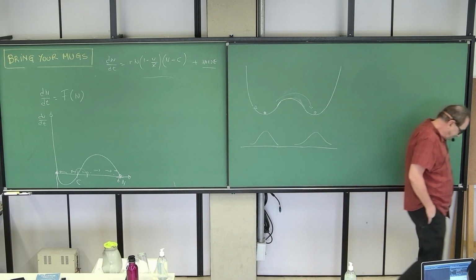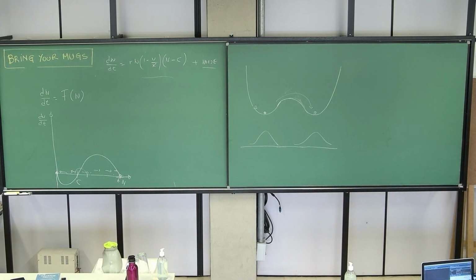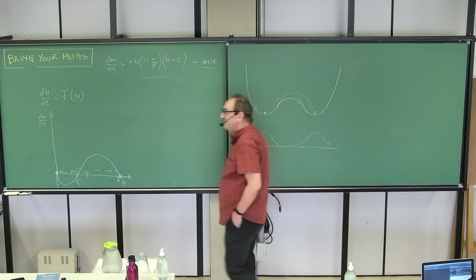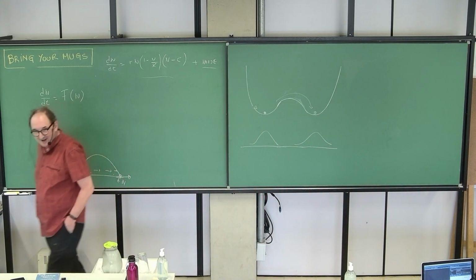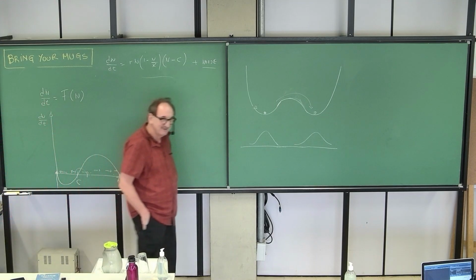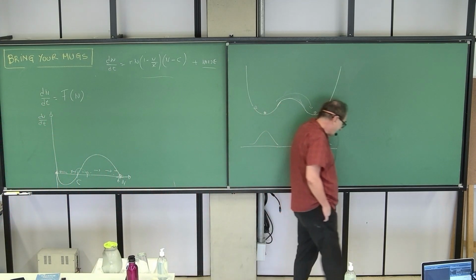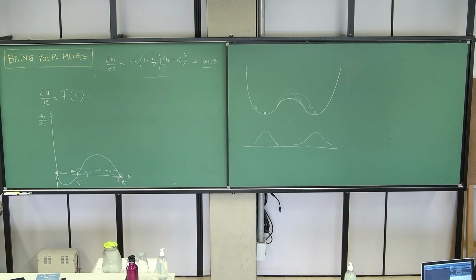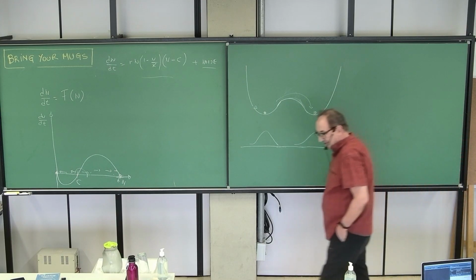Then it starts to rain again, but the level of the reservoir reacted very, very slowly. It didn't go back immediately. So it took a very long time, actually, to refill the reservoir.